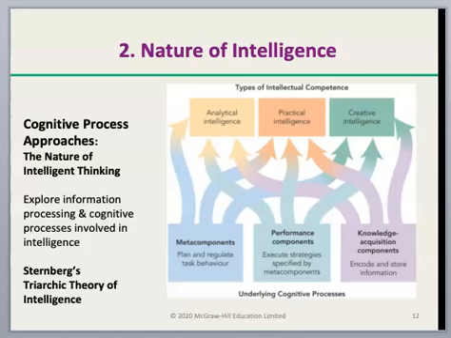The main cognitive theory discussed in the text is Sternberg's triarchic theory of intelligence. This looks at the psychological processes involved in intelligent behavior, and it divides the cognitive processes that underlie this behavior into three different parts.